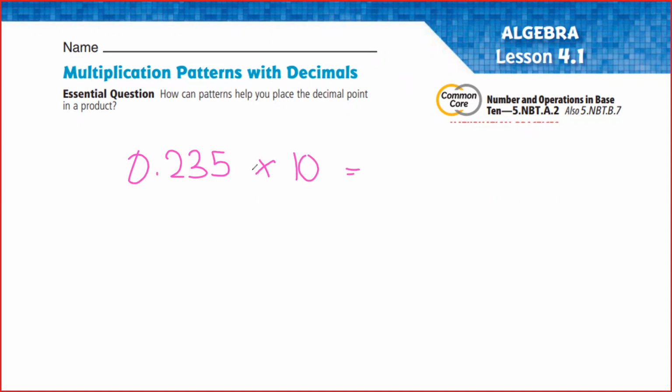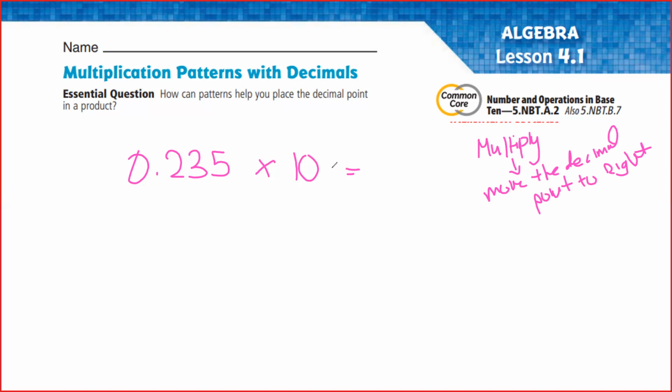When you multiply, you're going to move the decimal point to the right. So I move the decimal point one digit to the right.